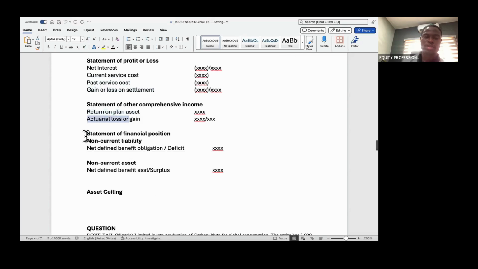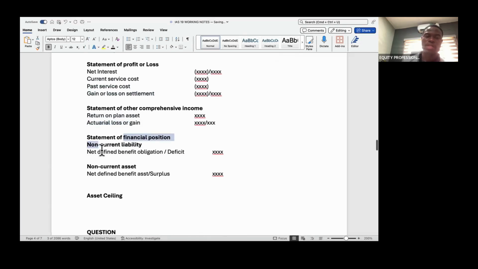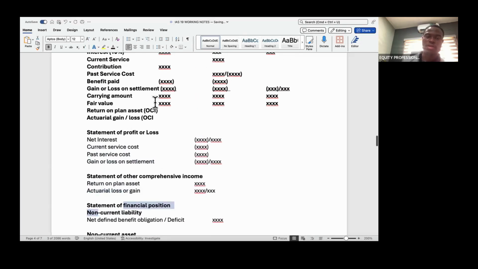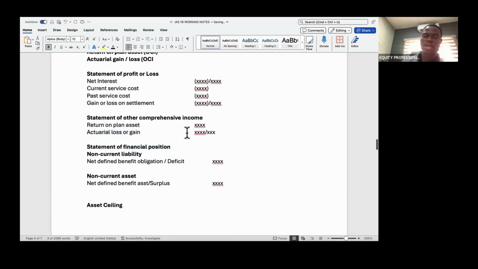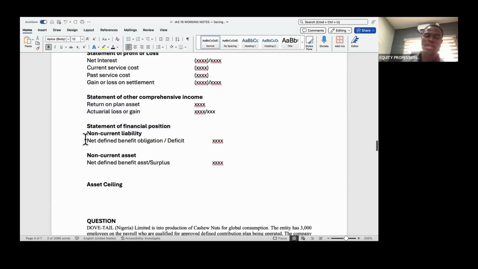Then in your statement of financial position, under non-current liability, when you get the net of the fair value, and your obligation happens to be higher than your assets, you would have a net defined benefit obligation, which is a deficit. If it's the reverse, you would have a net defined benefit asset or surplus that goes under non-current assets.